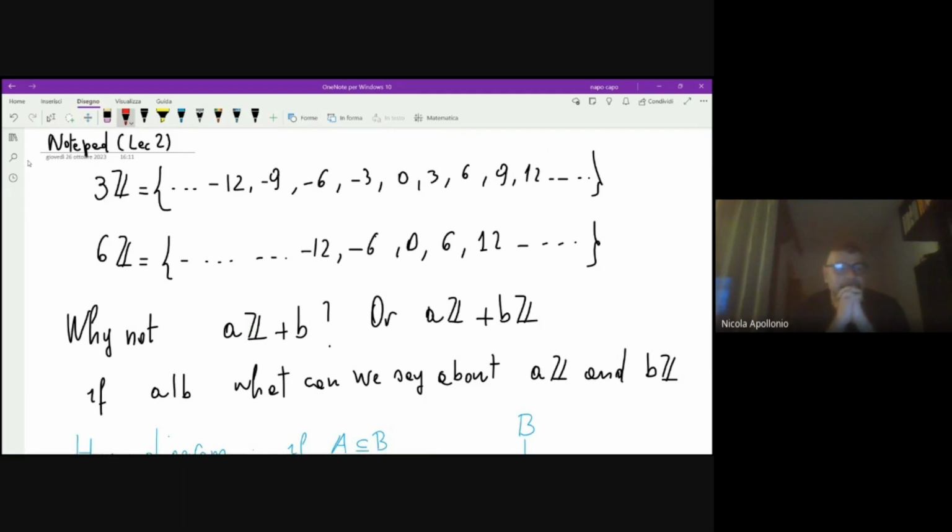Pick 3Z. 3Z is the set of multiples of 3, so minus 12, minus 9, minus 6, minus 3, 0.